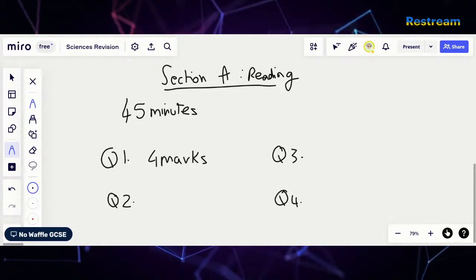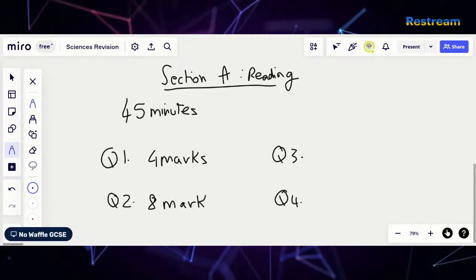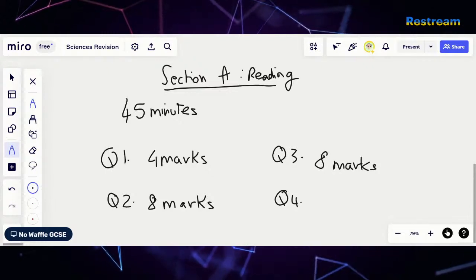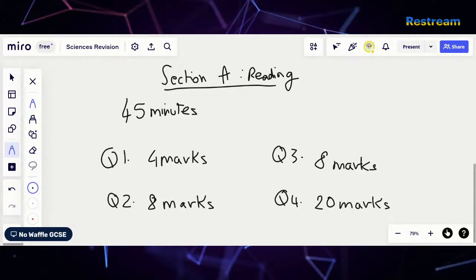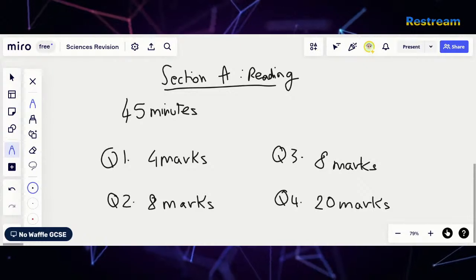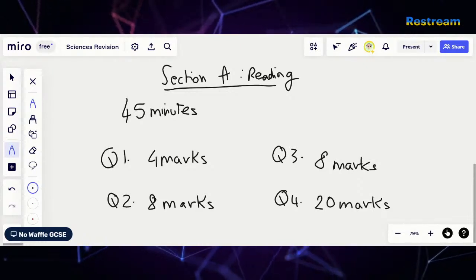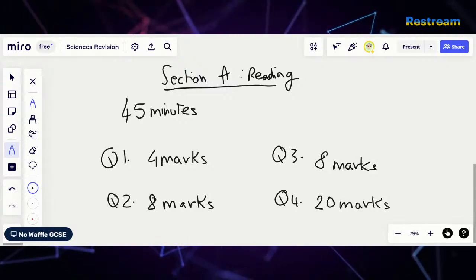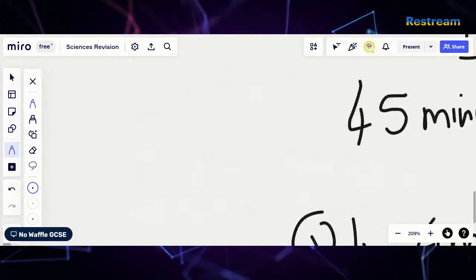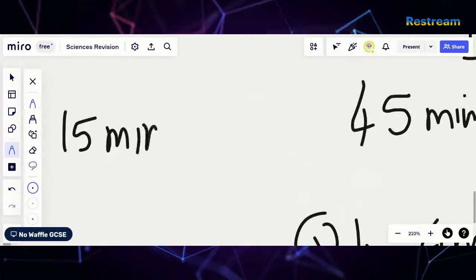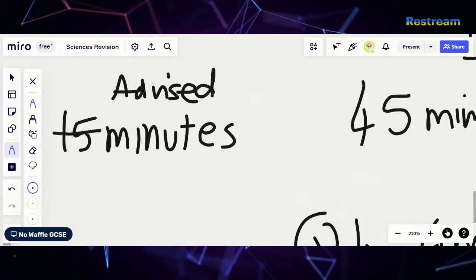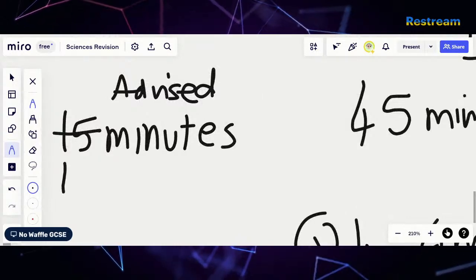Question 2 is worth 8 marks. Question 3 is also 8 marks. And question 4 is 20 marks. So if we have 45 minutes and there's a total of 40 marks, then roughly there is 1 mark per minute. And we're advised to spend 15 minutes reading and planning. But 15 minutes is way too long just reading and planning. So 15 minutes is advised, but I would suggest something more like 10 minutes maximum.